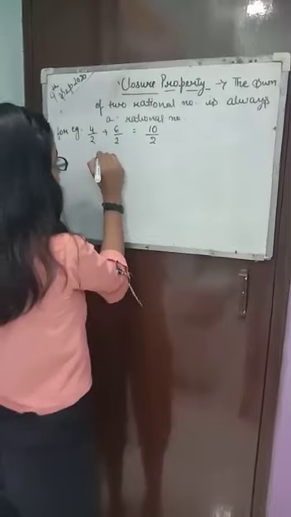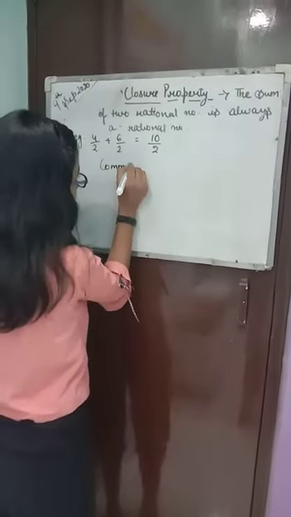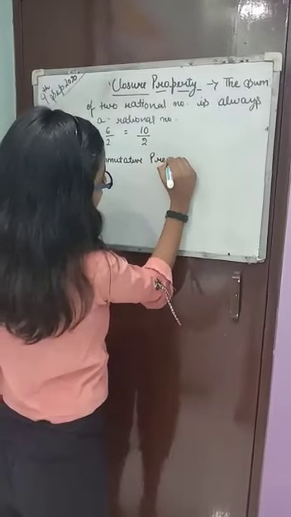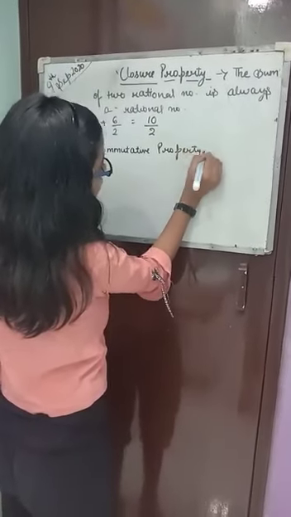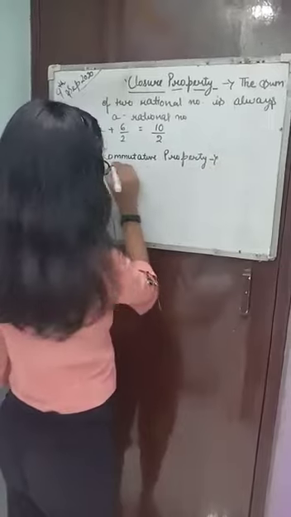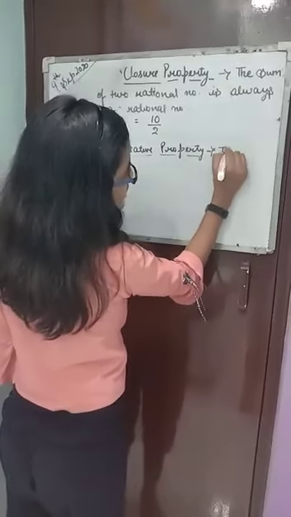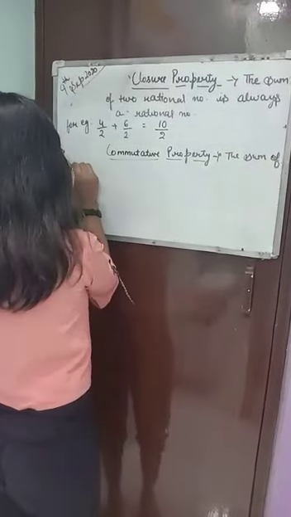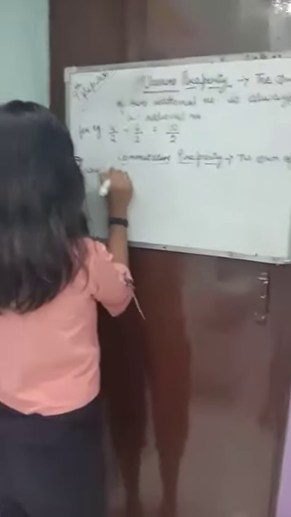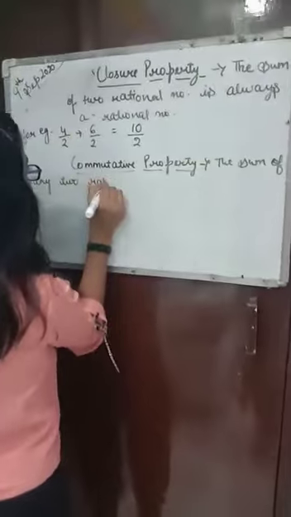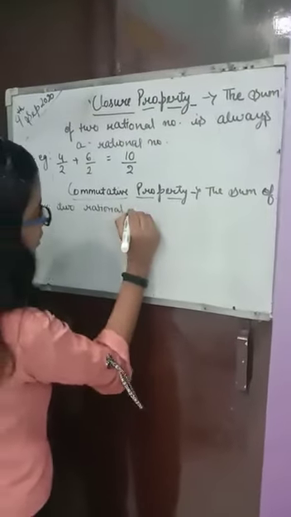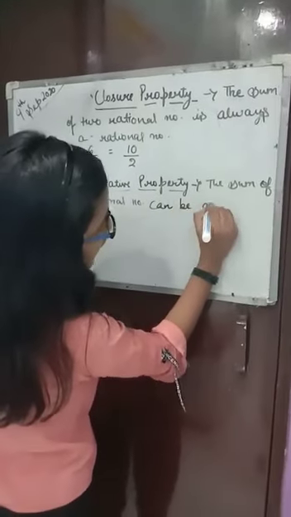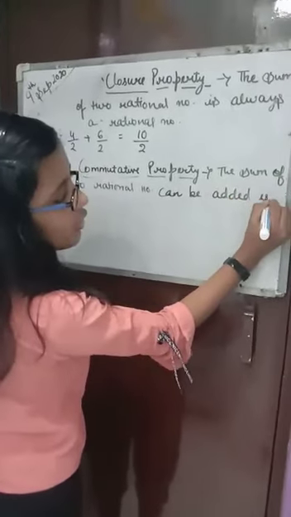The second property is commutative property. The commutative property says the sum of any two rational numbers can be added in any order.